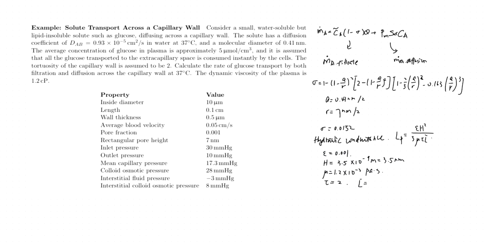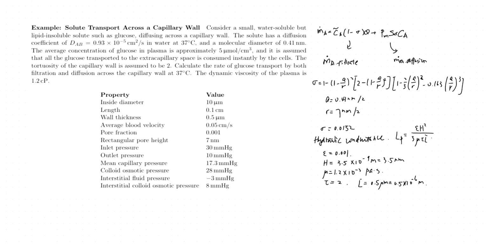So this L bar is the length of the rectangular pore. The pore embedded in the membrane is the membrane thickness. So let's see, membrane thickness. It's a wall thickness. It's 0.5 micron. So 0.5 micron equals 0.5 times 10 to the minus 6 meter.